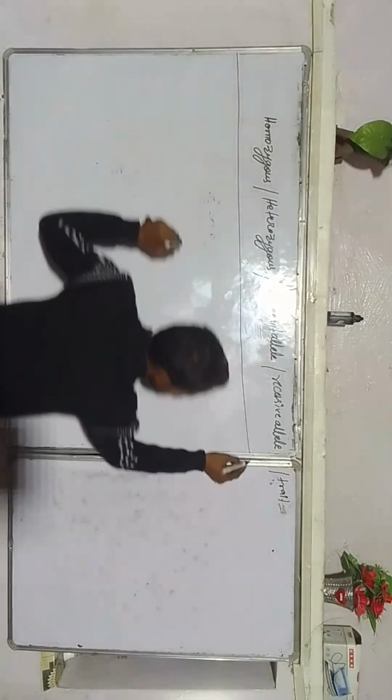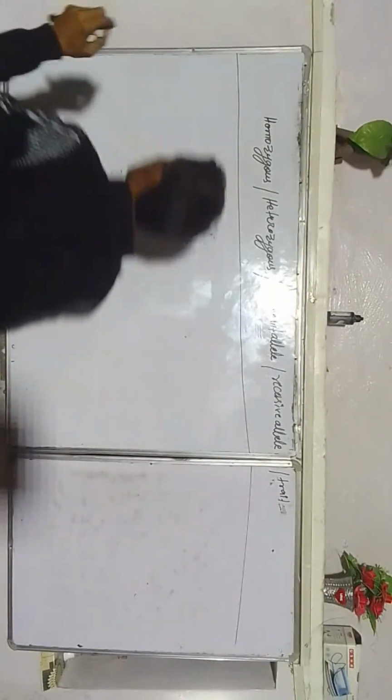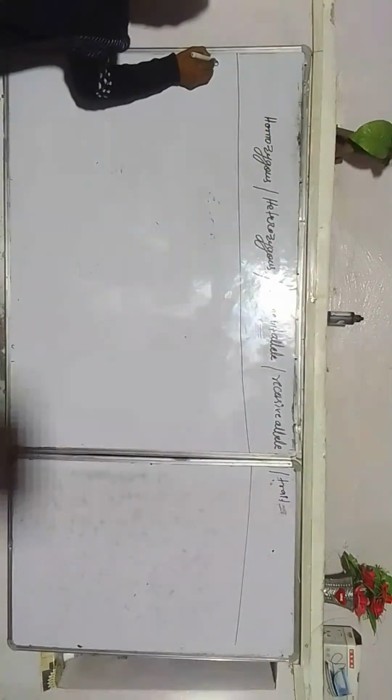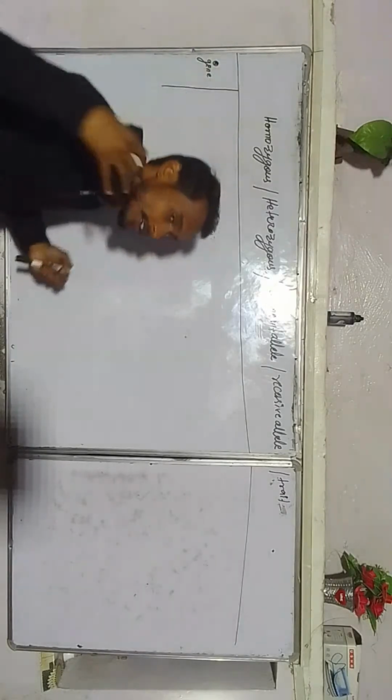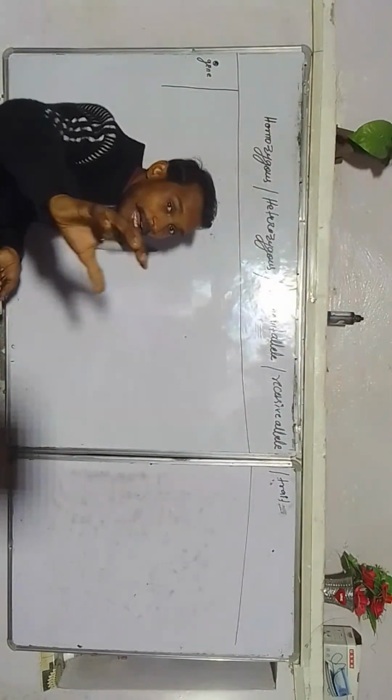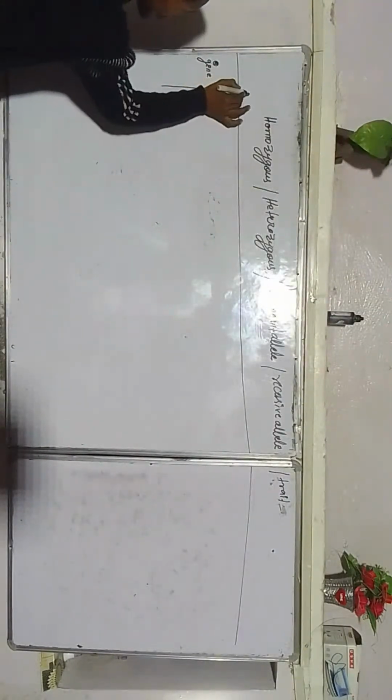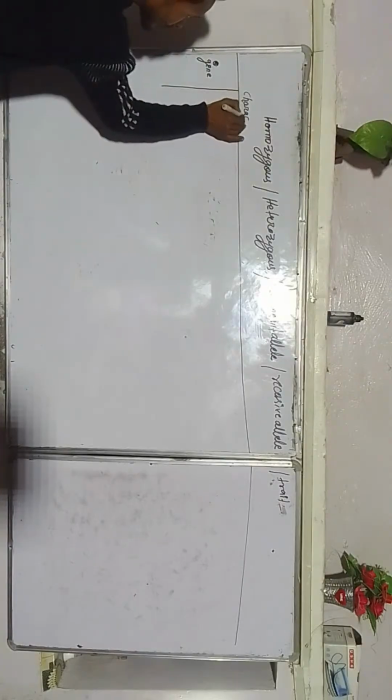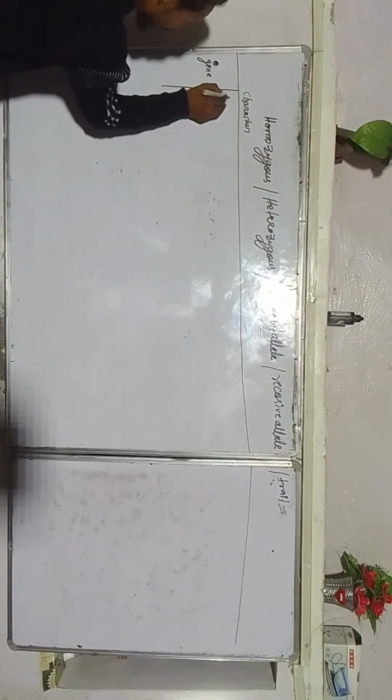Okay. Suppose we have one gene, and this gene controls a particular character, plant height.